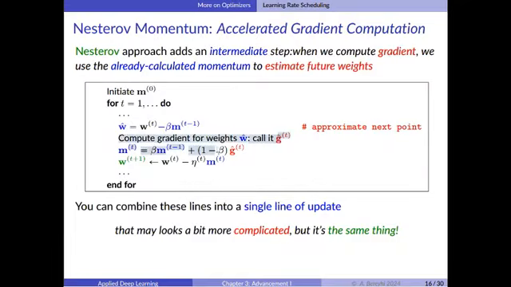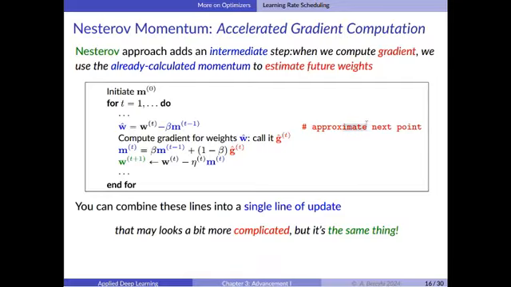You can see here we had these two lines in the algorithm of momentum, but here we add this line, which is w hat, and we compute the gradient for this w hat, and this time call it g hat of t, and we use this g hat instead of the g we had before.